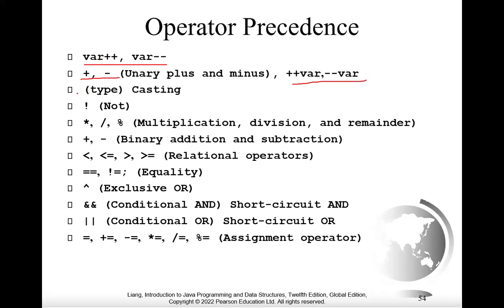After that is explicit casting, when you want to cast explicitly. Then the negation, the multiplication, addition and subtraction, relational operators, equality, exclusive or, logical and and the compound assignment.